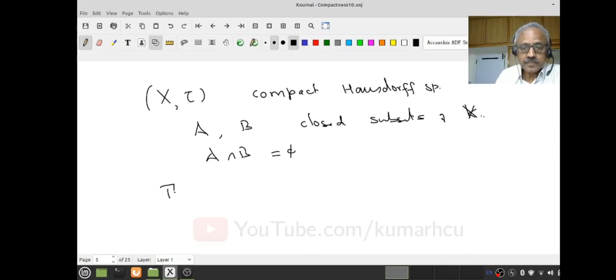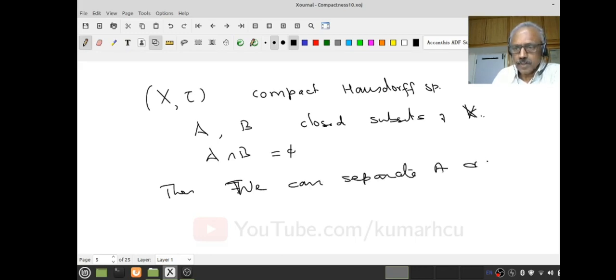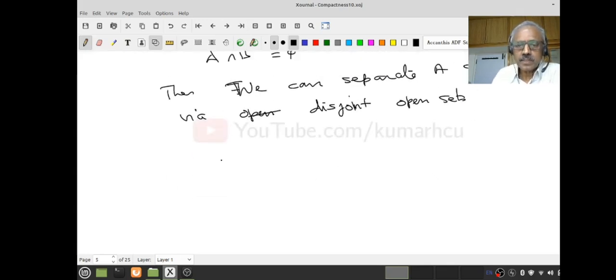Then I can separate A and B via open sets, via disjoint open sets. What does that mean? There is an open set U containing A, there is an open set V containing B, so that U intersection V is empty.